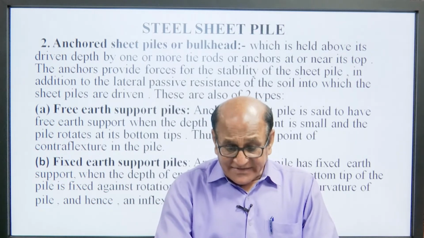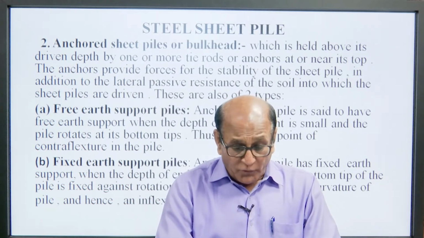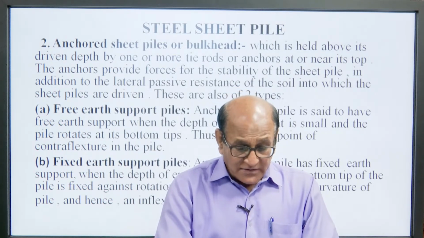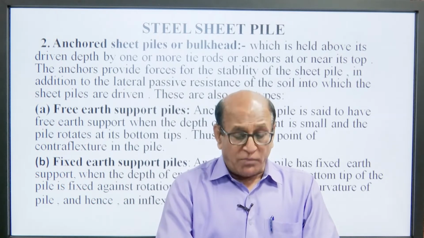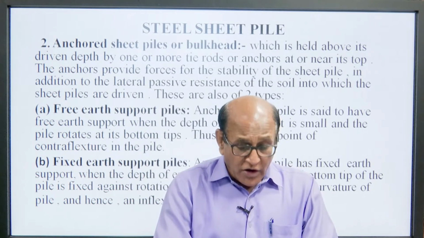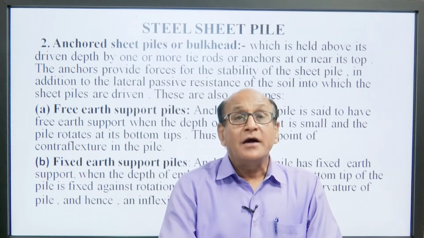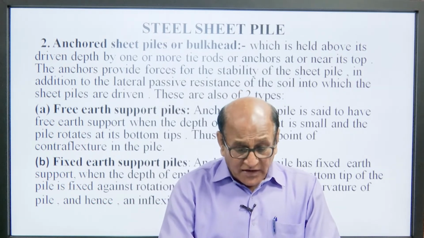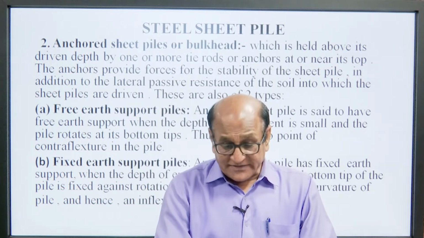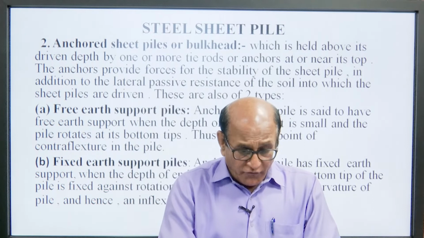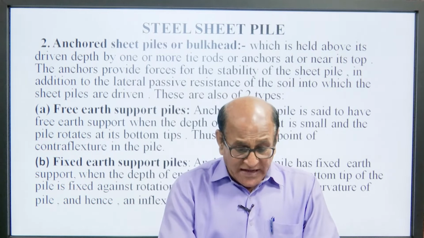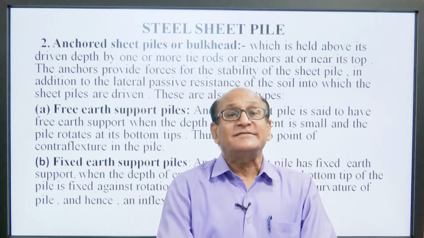The anchored sheet pile is said to have a free earth support when the depth of embedment is small and the pile rotates at its bottom tip. Thus, there is no point of contraflexure in the pile. The anchored sheet pile has fixed earth support when the depth of embedment is large, and the bottom tip of the pile is fixed against rotation.